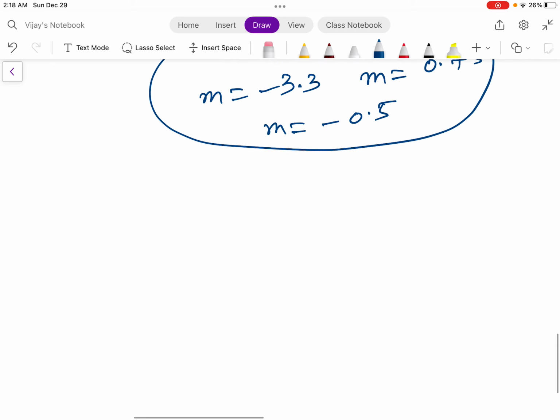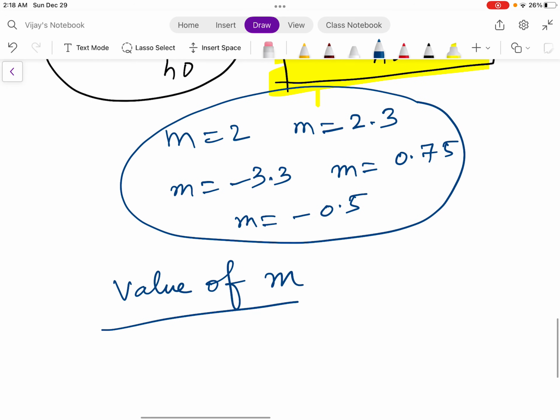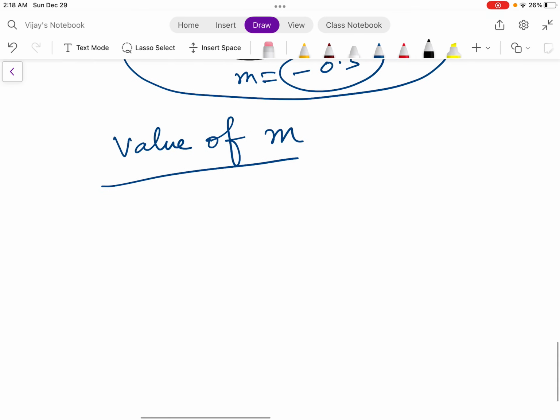So first, I'm taking only the value of magnification. Remember, value means don't take the sign. For example, what is the value of magnification here? 0.5. What is the value of magnification here? 3.3.